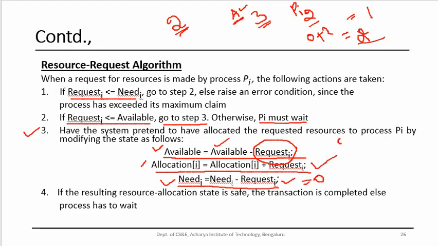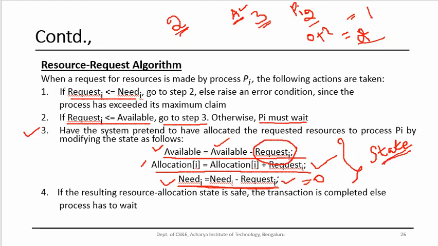Okay, like that we update the available vector, allocation of i, or to be specific the allocation matrix, and need of i, or need matrix. All these are temporarily updated, not permanently, and this state of the system is passed as input to the safety algorithm.